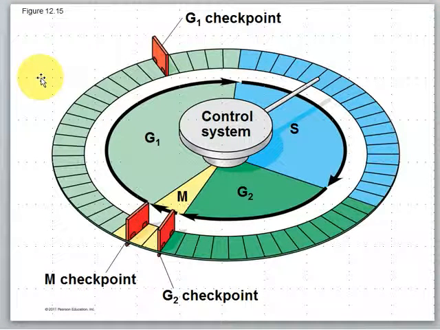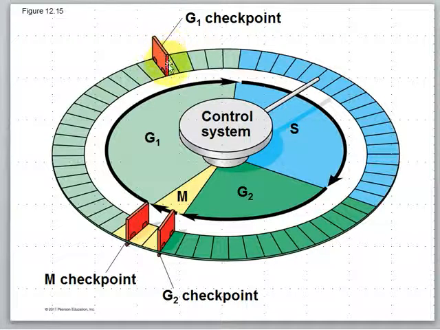So going back to our interphase and mitotic phase that we were talking about here. So we have G1, S, and G2 of interphase, and then we have mitosis that occurs right in between. So look at these checkpoints that we have. In the G1 phase, there's a certain point at which the cell stops and won't move forward until a certain signal is met or a certain threshold is reached.